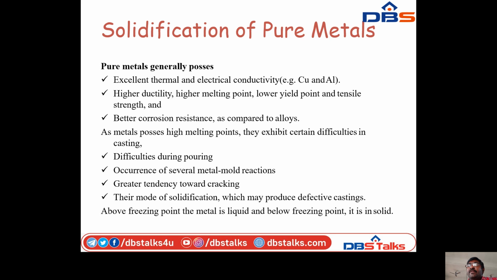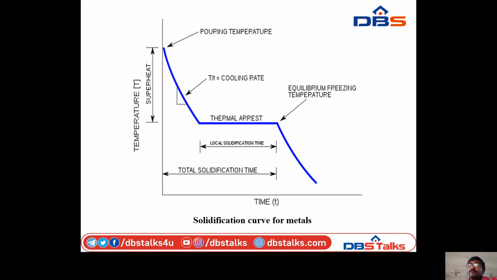This mode of solidification may produce defective castings. Above the freezing point, the metal is liquid and below the freezing point it is solid. The graph is between temperature and time, the solidification curve for pure metals.